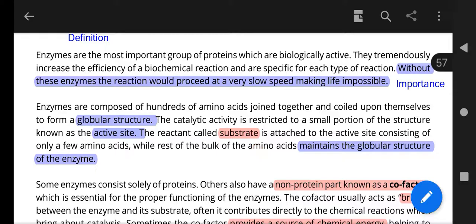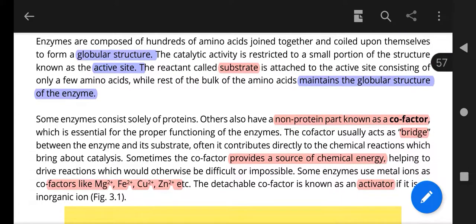After that, a very important thing, the cofactor and its function. What is a cofactor actually? Not all enzymes in nature require a non-protein part for their proper functioning, but some enzymes do. That non-protein part is called a cofactor, and it performs many functions.